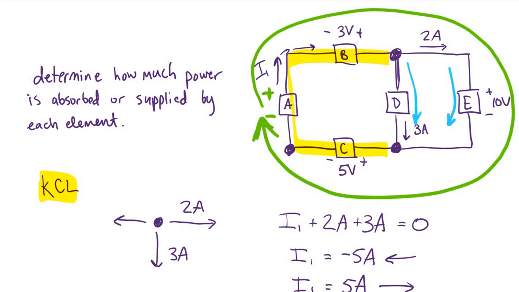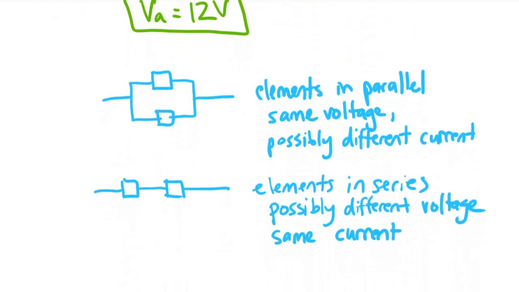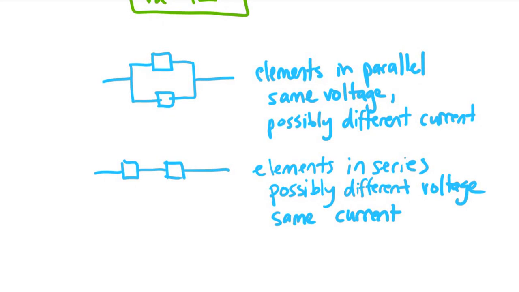And you would notice that if you had, for example, an I on this side, we'll call it IC coming from the C direction, and we'll call this IA going towards the A direction, you would notice in your node analysis that those things must be equal and opposite. So for elements in series, those elements have the same current.